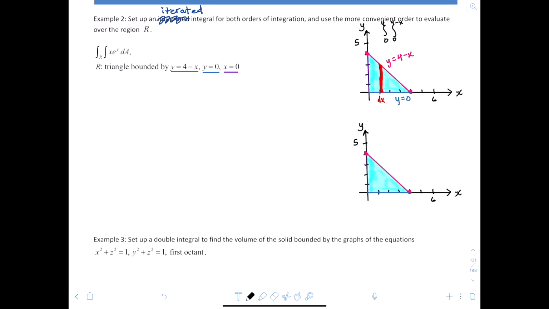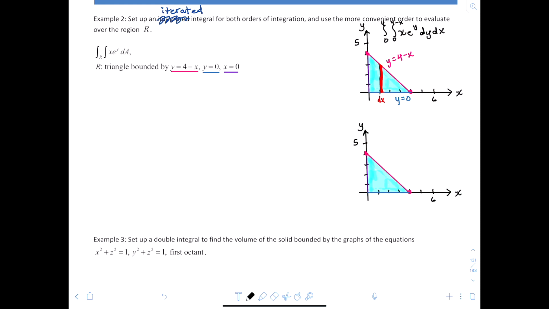Remember, this is just setting up our region, and so we'd still have our f of x and y, so x e to the y, and that would be dy dx. Cool so far?